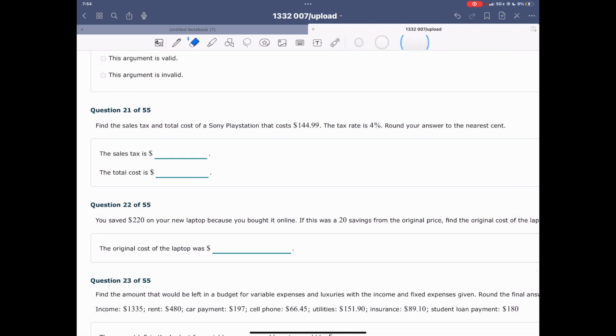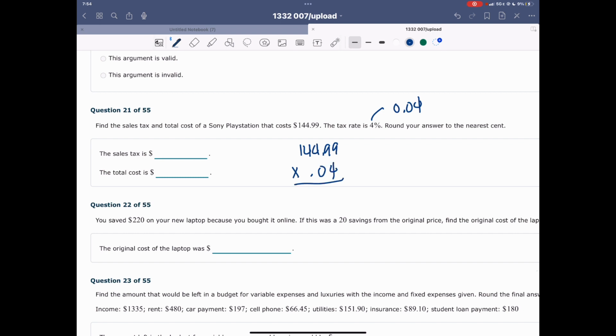And total cost of a Sony PlayStation that costs $144.99. The tax rate is 4%. Round your answer to the nearest cent. So we need to make this a decimal, 0.04. 144.99 times 0.04.